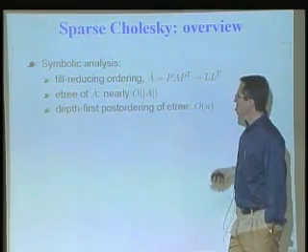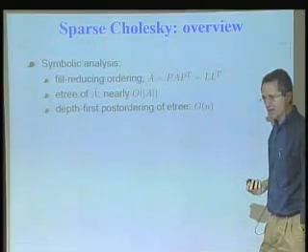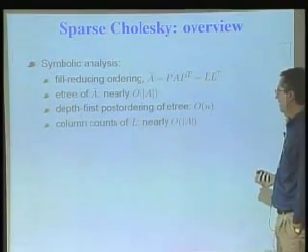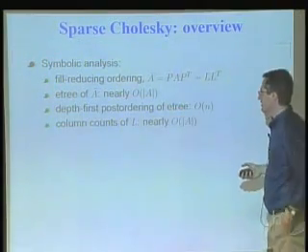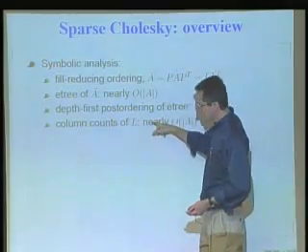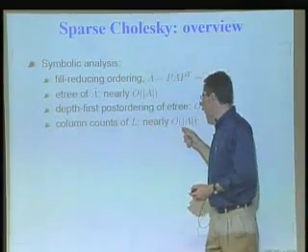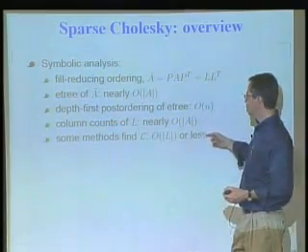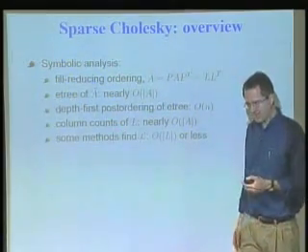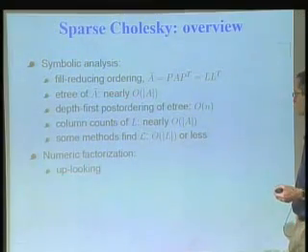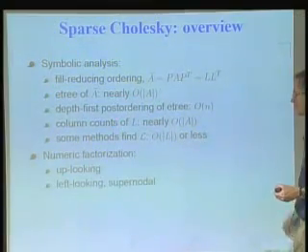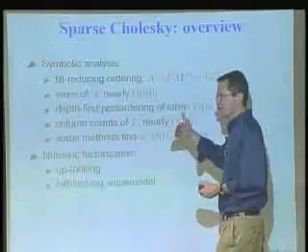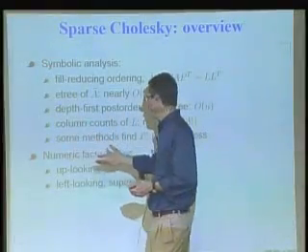Then I need to do a depth-first post-ordering of the elimination tree, which is linear time. And then I need to compute how many non-zeros there are in every column of L. That's also nearly linear time in A. And then some methods find the actual pattern of L. And then numeric factorization, there's lots of ways of doing it. There's the up-looking method that relies on lots of triangular solves.